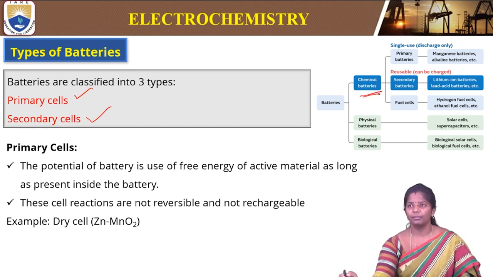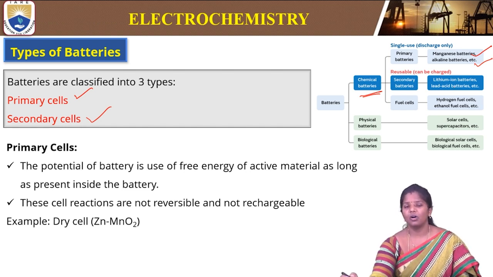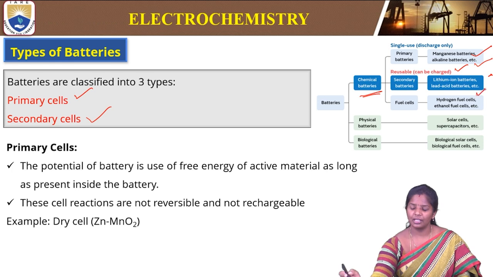They are also called chemical batteries. Examples of primary batteries are magnesium batteries or alkaline batteries, which are discharged only once. It means they are used as long as the active material is present in the cell. Then secondary batteries can be reused upon charging. These include lithium ion batteries, lead acid batteries, etc.